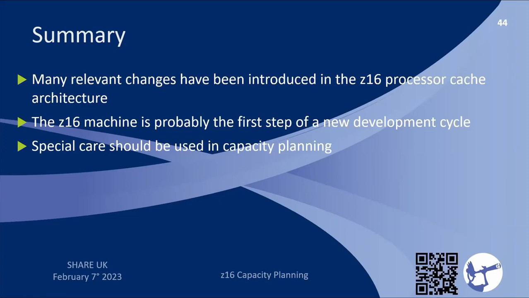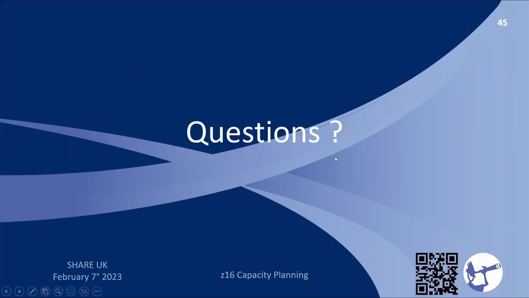And again, the z16 is moving in a new direction. Of course, whenever you move from one family of hardware to the next, you have to take great care in capacity planning. And that is my last statement.